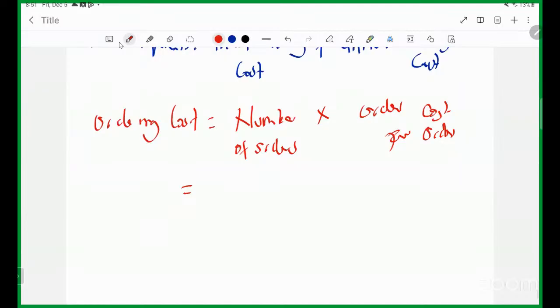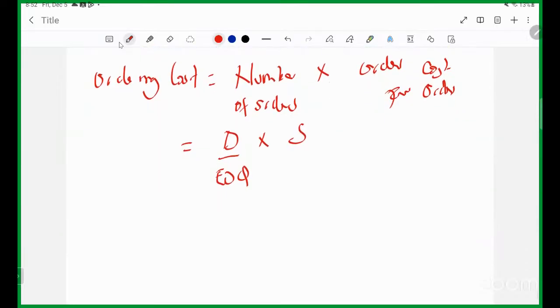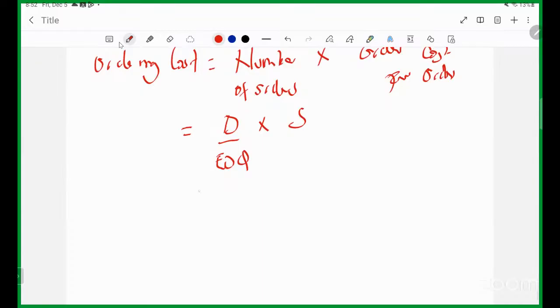The number of orders are equal to annual demand divided by EOQ, times the ordering cost. What is our annual demand, ladies and gentlemen? 1.2 million birds a year.